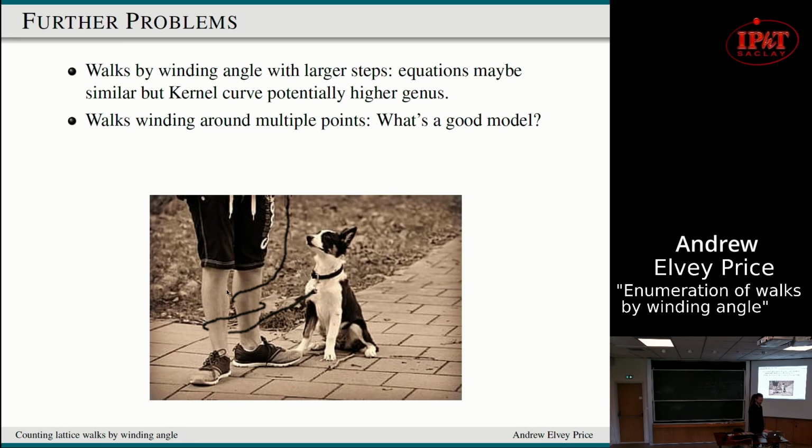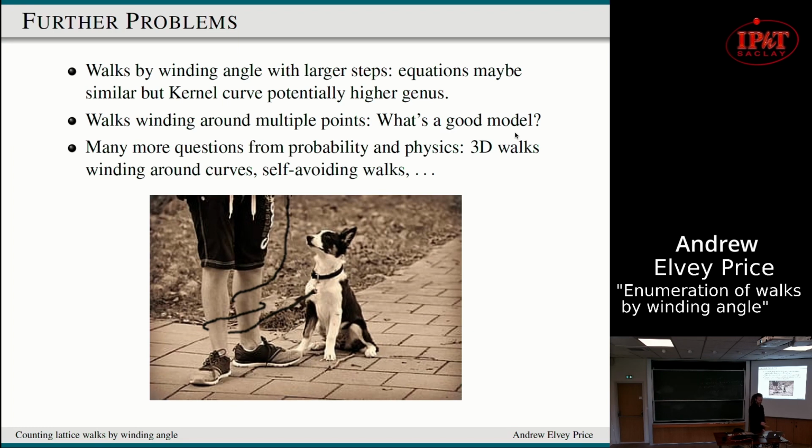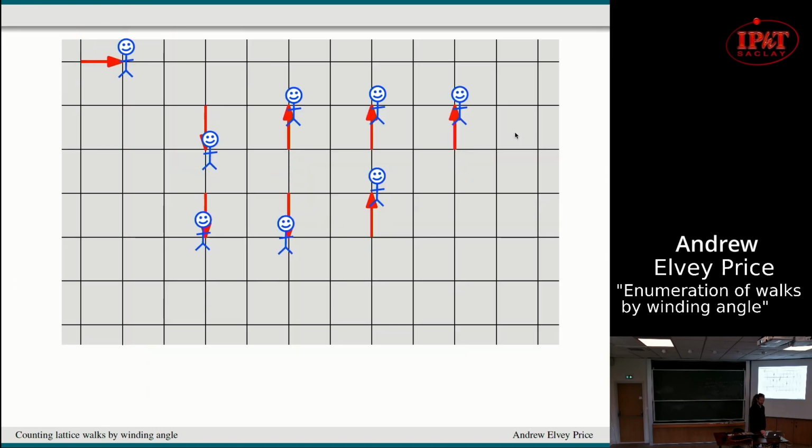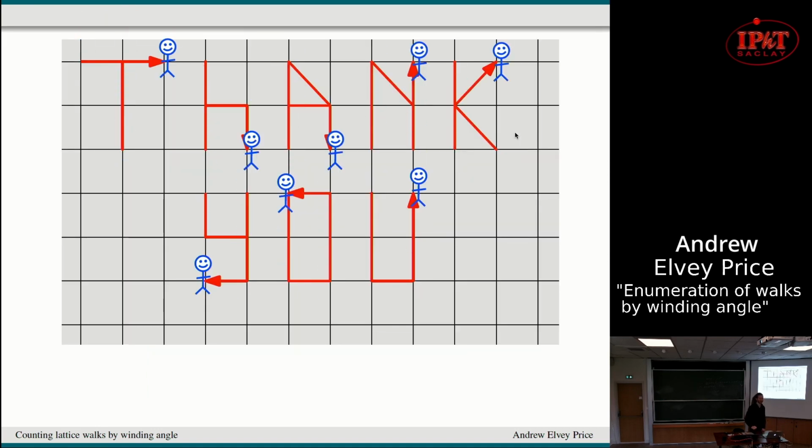Maybe walks going around multiple points would be interesting. I'm not exactly sure what a good model to study for that is. And then there are lots of other problems that come from physics that are maybe too hard, but worth thinking about. Okay, so thank you.